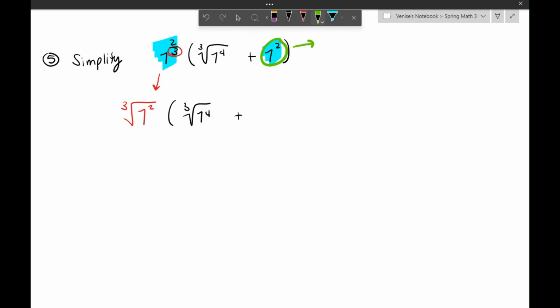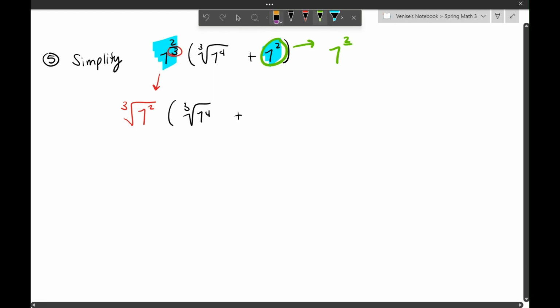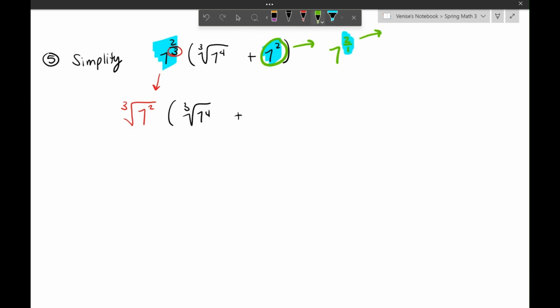Well, first of all, 7 squared, right? I want to change this exponent into a fraction with a denominator of 3. So we're starting with 2 over 1. I'm going to pull this out to the side. How can I make this with a denominator of 3?